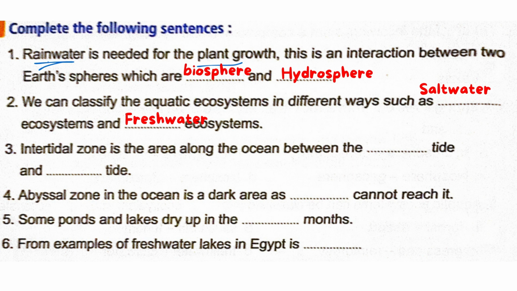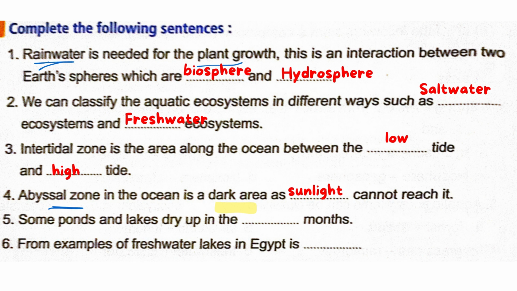So here the answer, intertidal zone is the area along the ocean between the low tide and high tide. Okay, here we have another question. Abyssal zone in the ocean is a dark area as can't reach it. What is the thing that can't reach the abyssal zone? Yes, sunlight. Abyssal zone in the ocean is a dark area as sunlight cannot reach it.